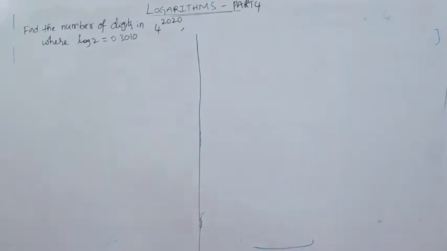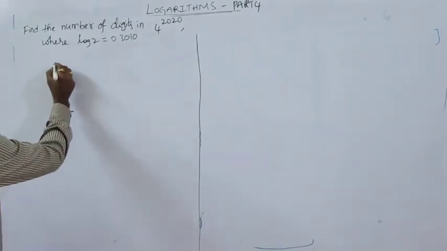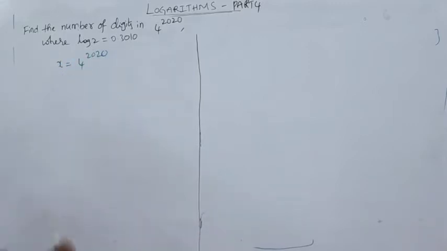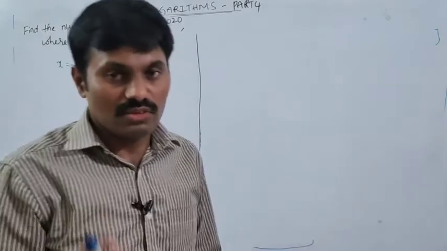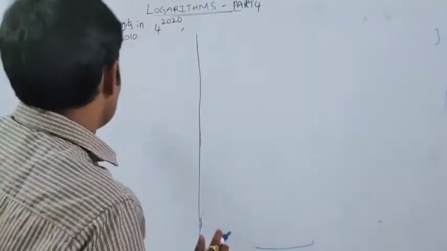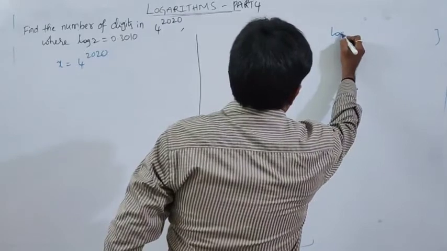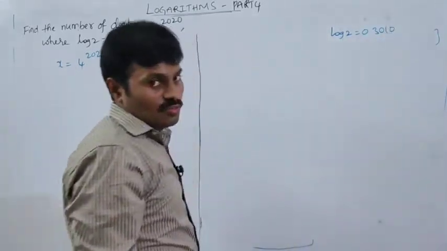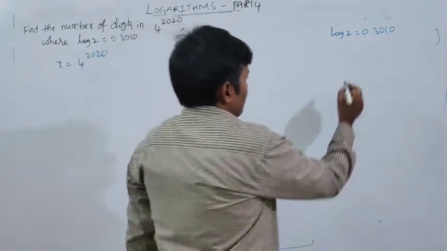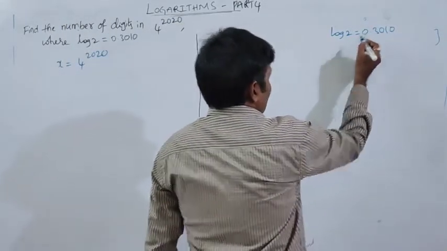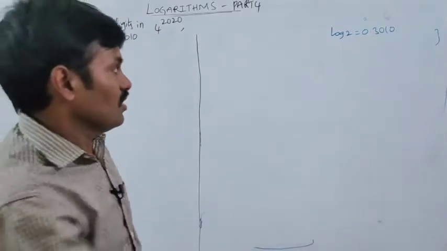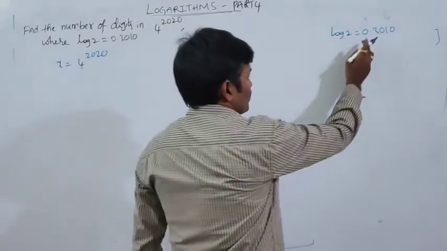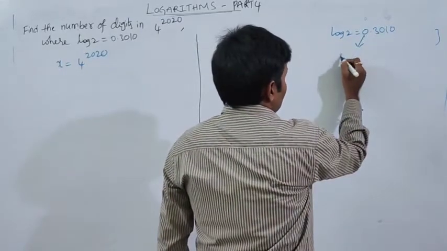Okay, so take x equal to 4 to the power of 2020. Before that, we should learn a small concept. Here the log 2 value is given as 0.3010. Before the decimal point what is given? 0. After the decimal point 3010 is given. The value before the decimal point we call the integral part.